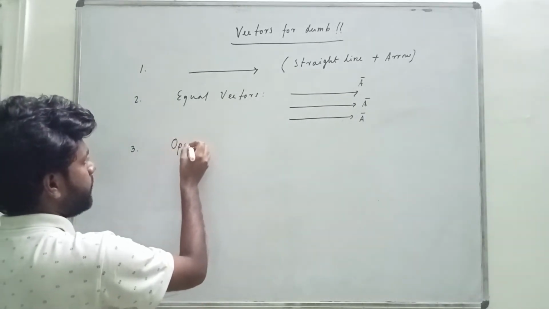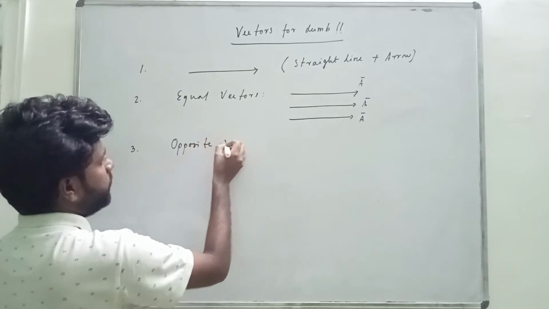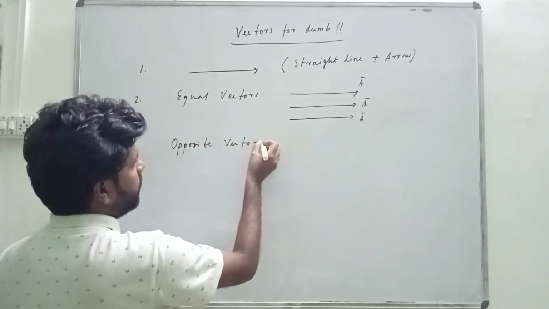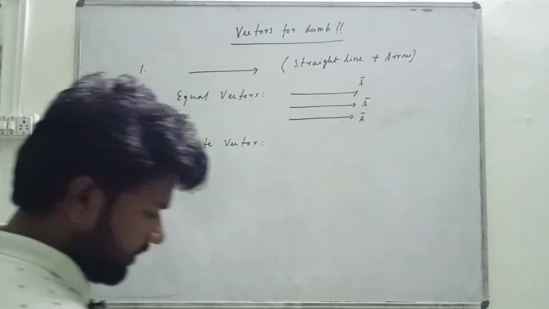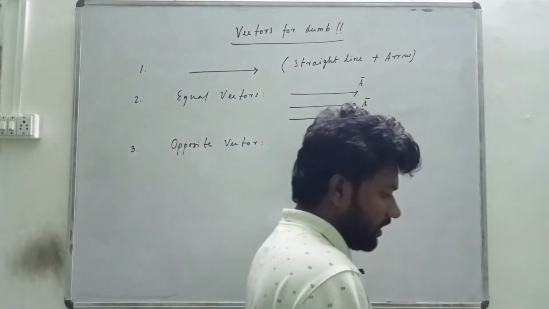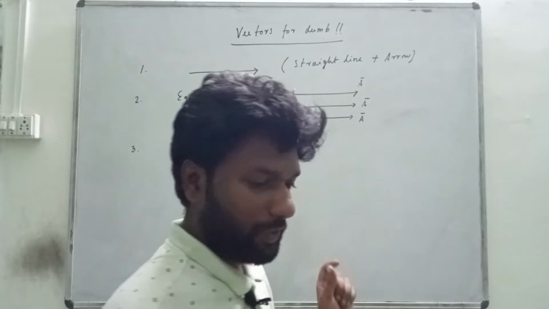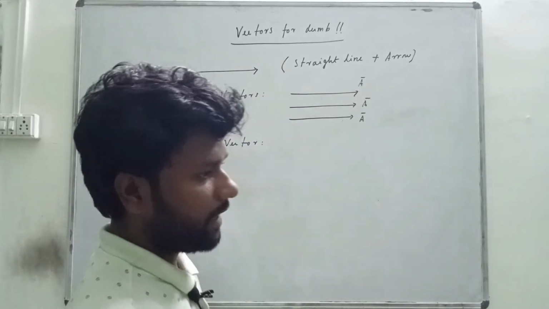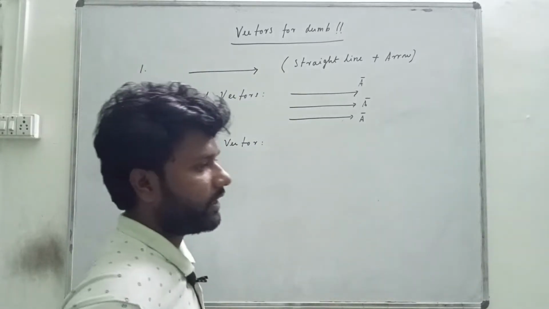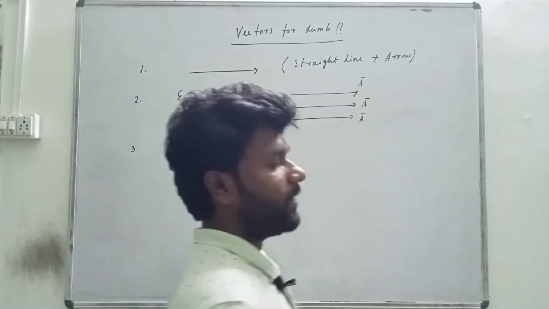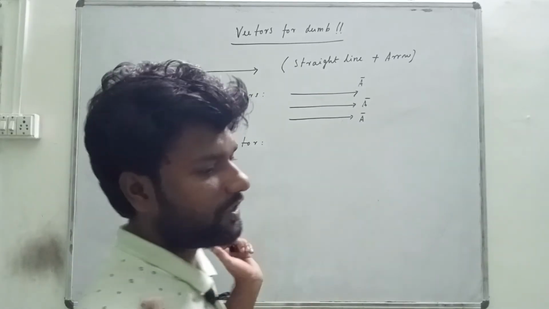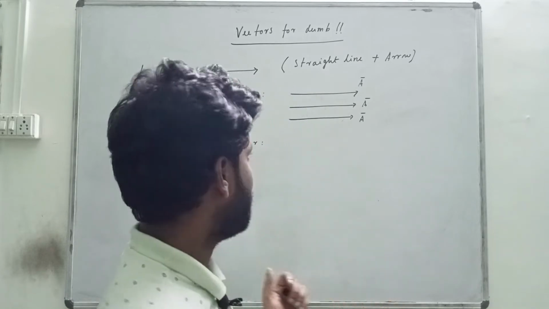Opposite vector. Opposite vector means just two vectors are opposite. That means the magnitude of the vectors will be the same, but the directions of the two vectors are just opposite to each other, right?